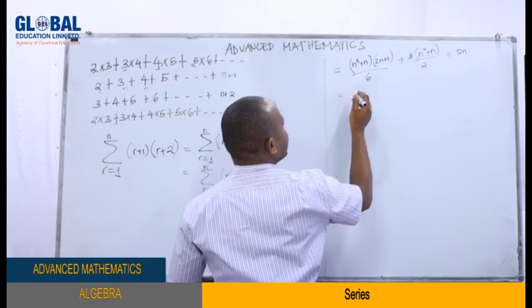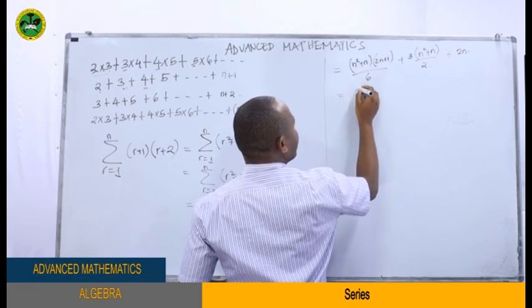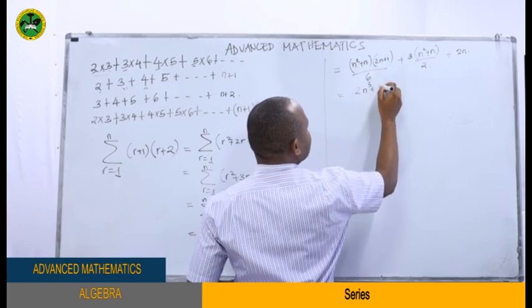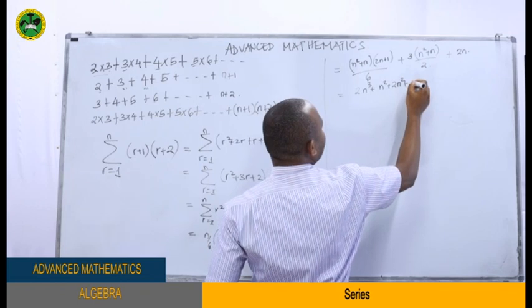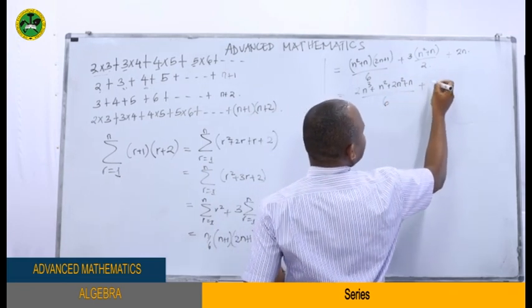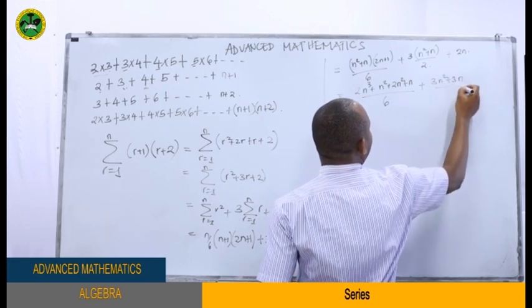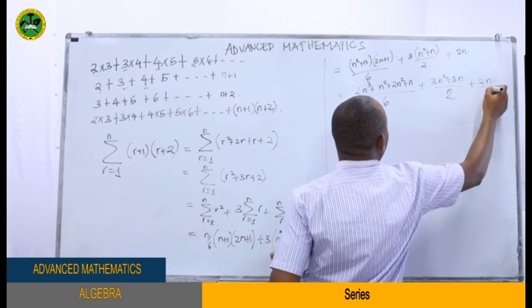Then let's simplify that more. Opening the brackets there, we are going to have 2n cubic plus n square, then 2n square, then plus n, and all of that is over 6, plus 3n square plus 3n, and all of that is over 2, plus 2n, and we know that that is over 1.